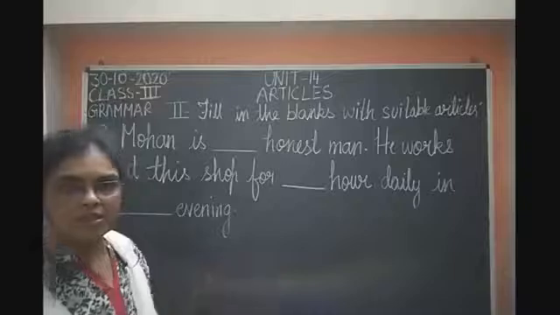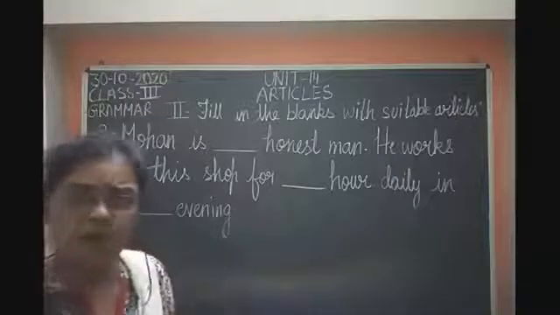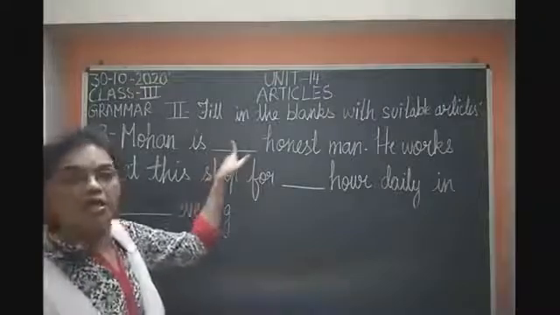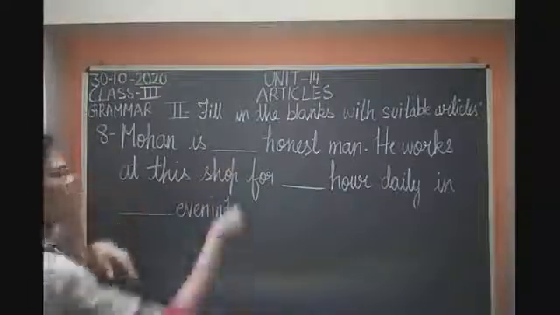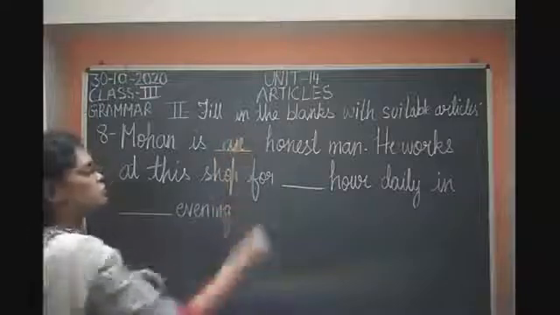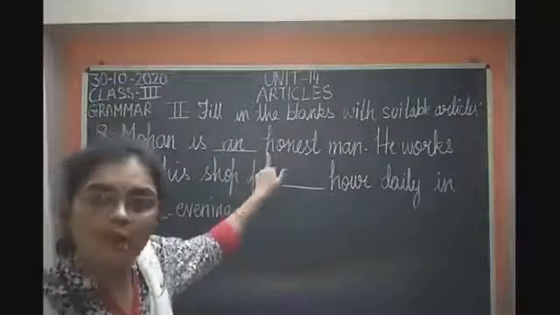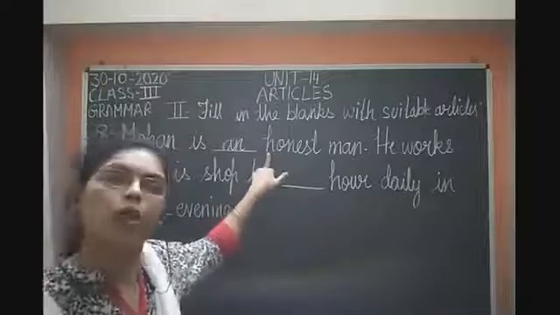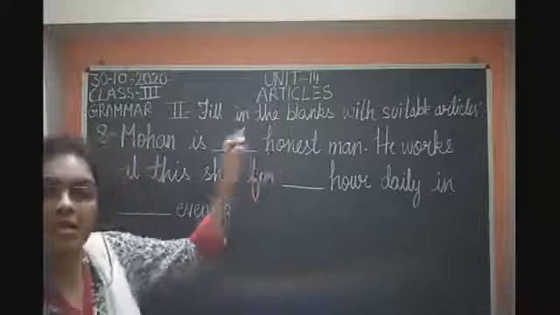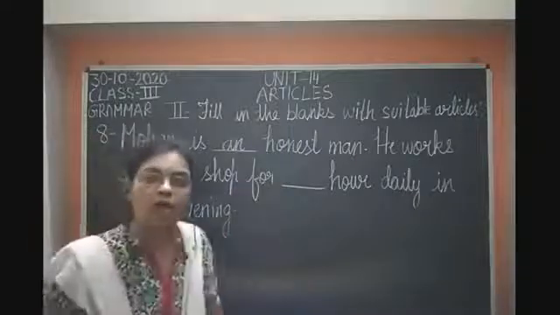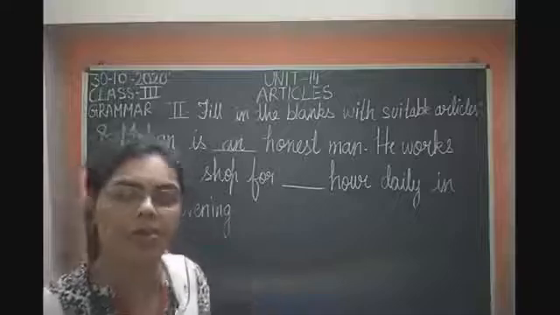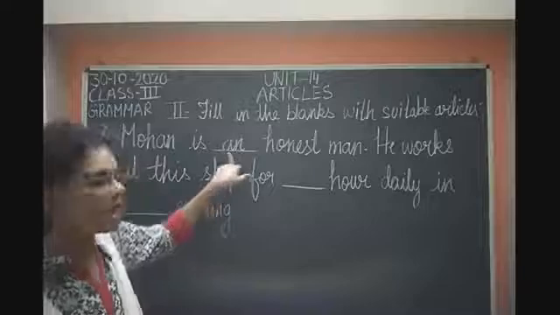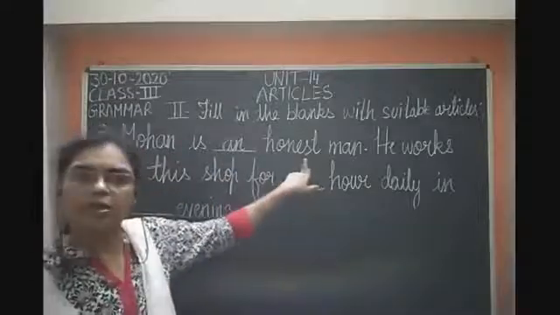For all those words which have the sound of a vowel and which are single countable nouns, we will use the indefinite article an. Though the spelling starts with H, when you pronounce this word the sound is that of a vowel, so you have to fill the article according to the sound. So what will we fill here? An. Mohan is an honest man.